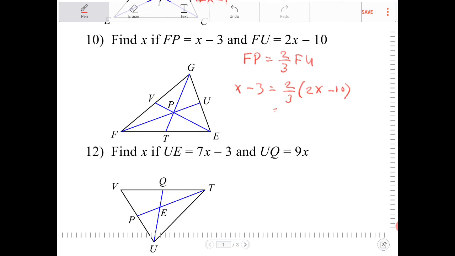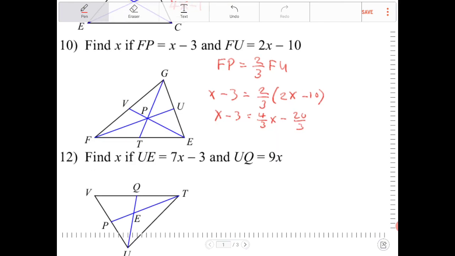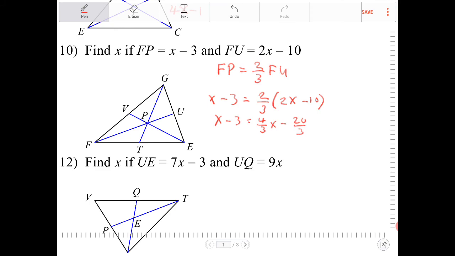So bear with me. I distribute the 2/3, and I get 4/3 x minus 20/3 is equal to x minus 3. If I subtract 4/3 x from both sides, I end up with 1/3 x is equal to, and if I add 3 to both sides, I end up with negative 11/3. x ends up equaling negative 11.